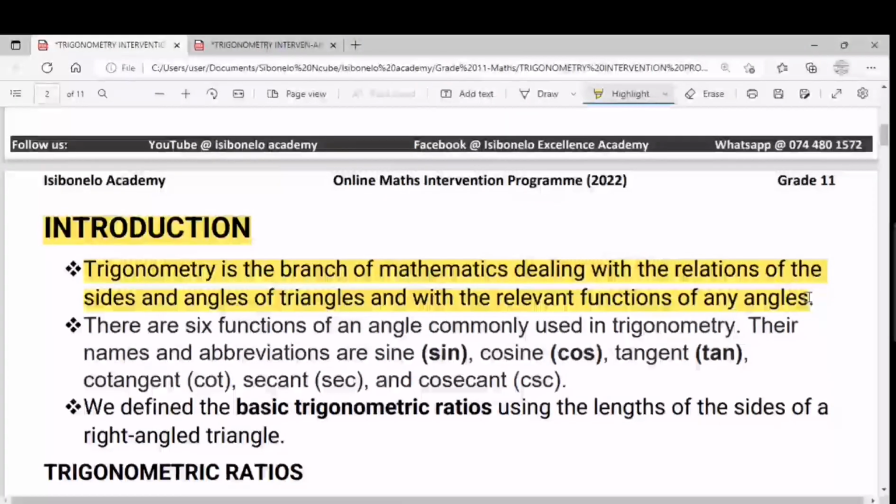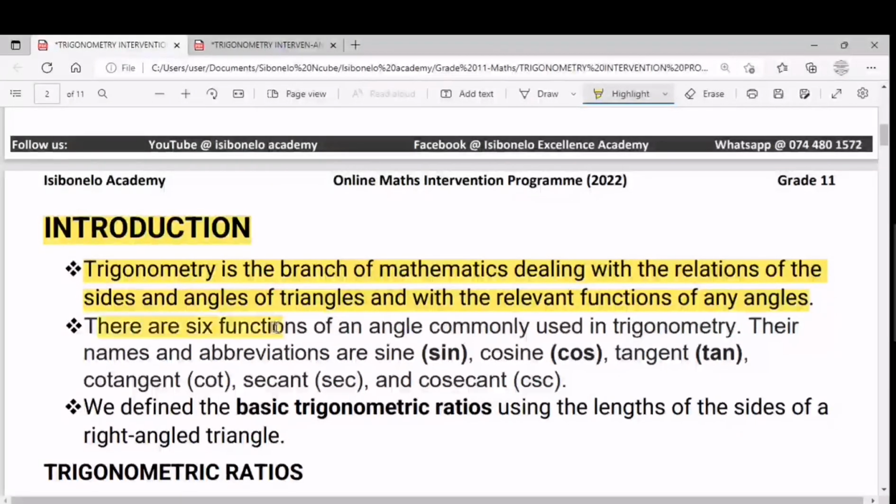So in trigonometry we deal a lot with angles, finding the size of an angle, and we deal a lot with finding the sides of triangles. So to be able to find those sides of triangles, or find the size of an angle, we use trig functions. In total we have 6 trig functions.